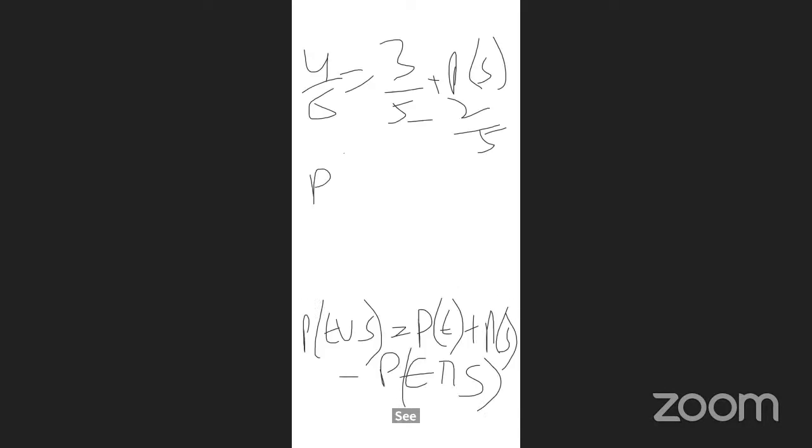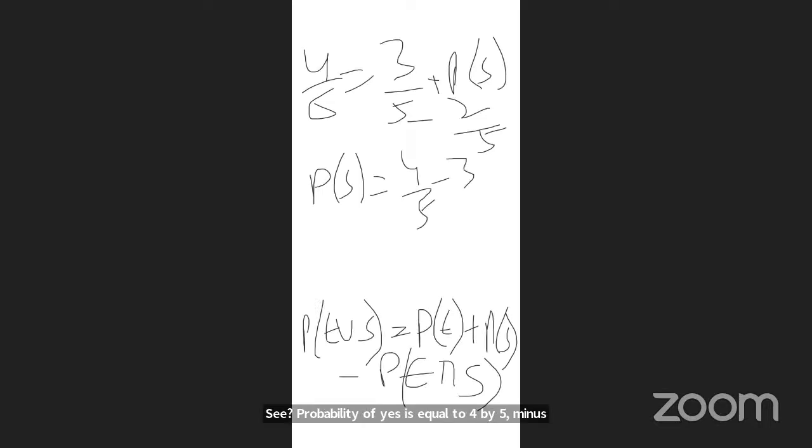So probability of S is equal to 4 by 5 minus 3 by 5 plus 2 by 5. 5 is common. 4 minus 3 plus 2, which is 6 minus 3. So 3 by 5 is the answer.